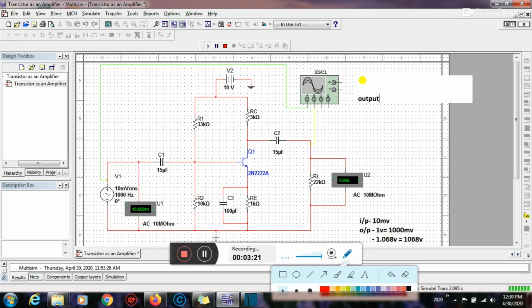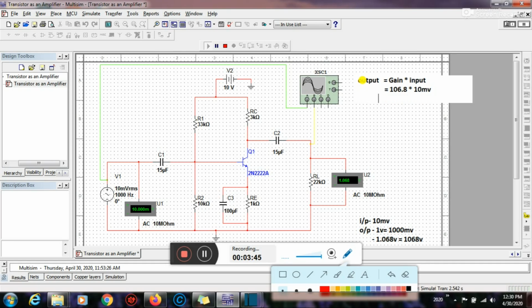So what is the output voltage? If the output multimeter is not connected to the circuit, the output is defined by the gain times your input signal. Your input signal is 10 millivolt and your gain is 106.8, so 106.8 into 10 millivolt.